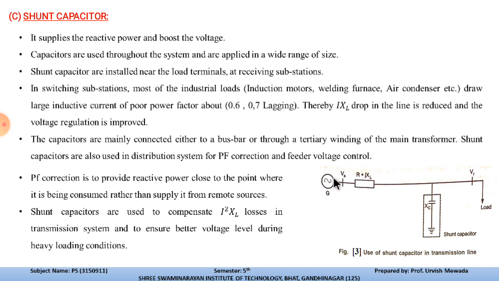This is the generator. After this we have the transmission line, and this is the receiving end voltage. In between we have the capacitor, means XC is connected, and this is the shunt capacitor which is connected with the transmission line to compensate the reactive power of the transmission line. Basically it supplies the reactive power and boosts the voltage of the transmission line.